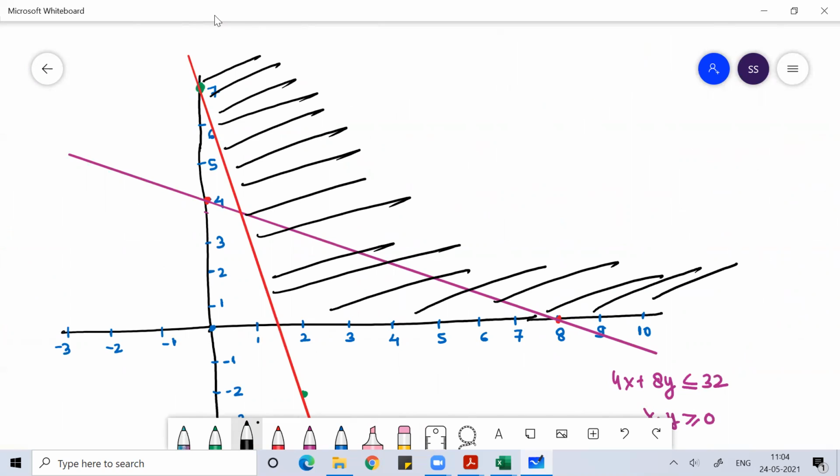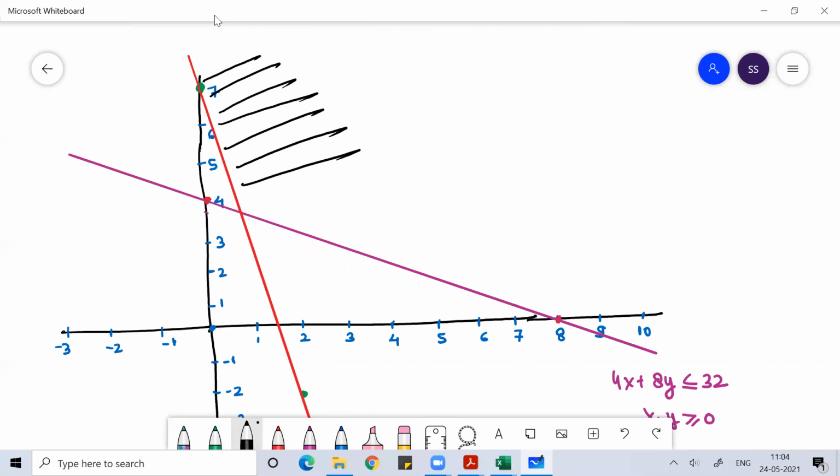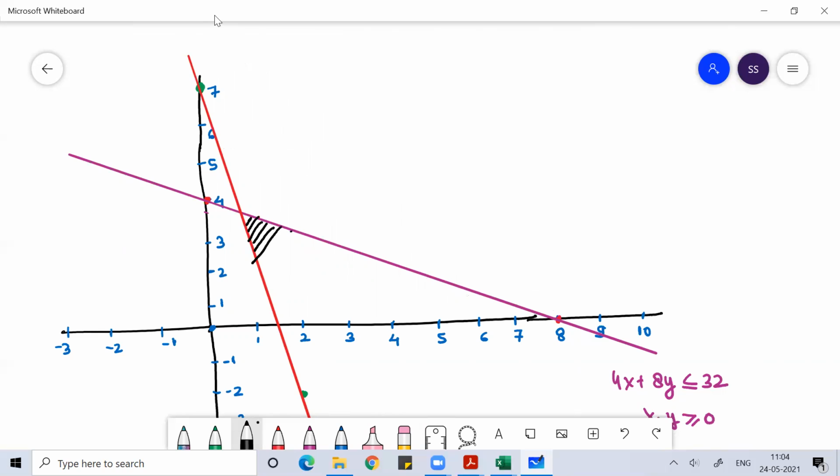Okay. Now, what is your feasible solution? Your feasible solution is the area which is common between the first two lines. Which area is common between the first two lines, guys? I hope you are understanding. The area which is common between the first two lines will be your feasible solution.